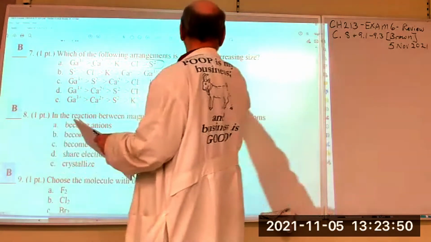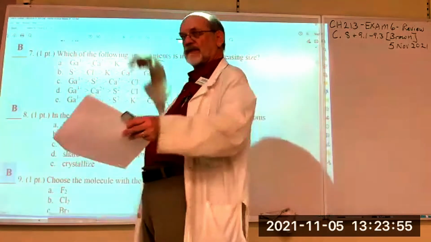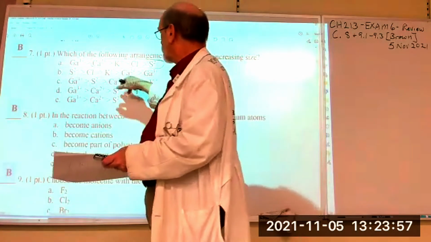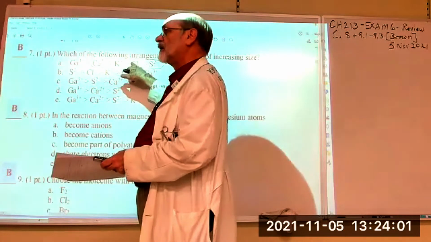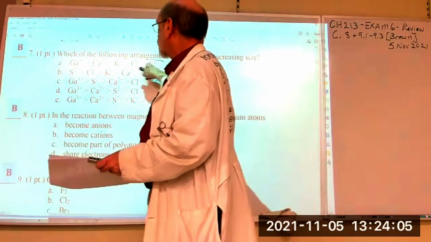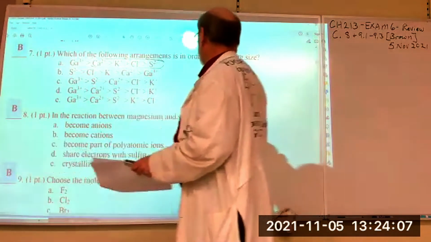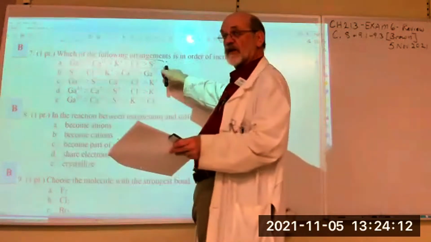Right, we put them in increasing size, so we decrease the number of protons to make them get bigger. So this one has fewer protons, one less than that one. This one's one less than that one. This one's one less than that. Okay. So this is the correct order for size here because of the number of protons, the same number of electrons.